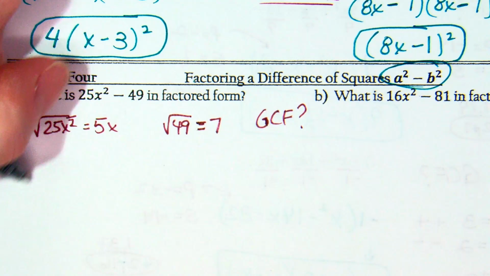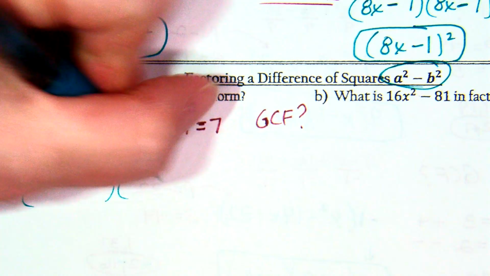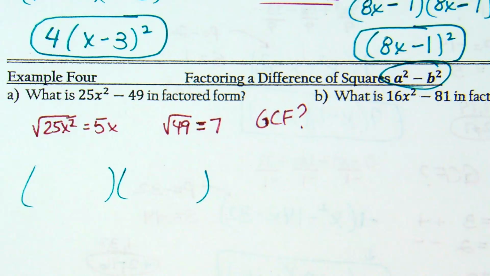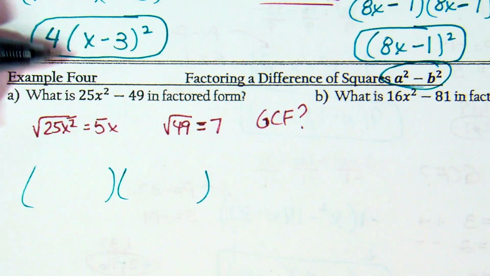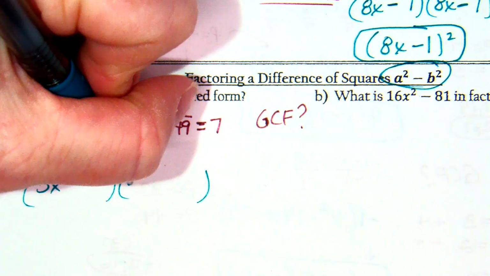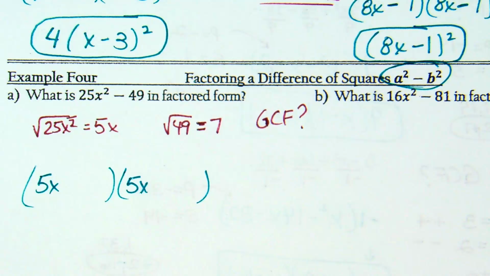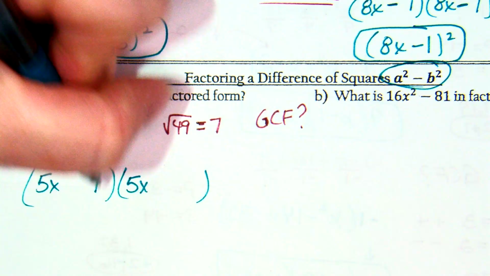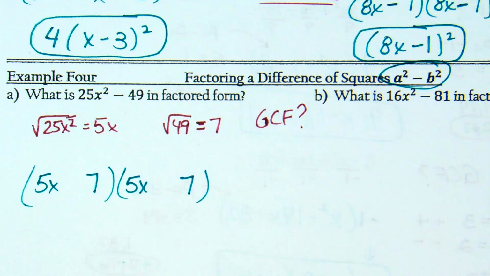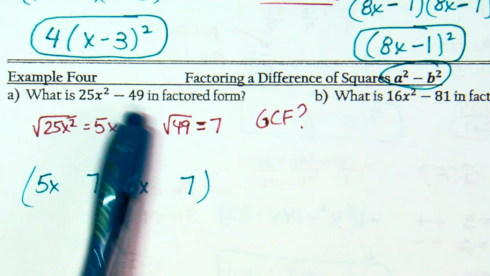It factors into 2 parentheses like everything else we're doing. The square root of 25x squared is 5x. So what goes in the front of each parenthesis? 5x. The square root of 49 is 7. So what goes in the end of each parenthesis? 7. Okay, guys. Do you remember the signs? Here's your check. How do you multiply to get a negative 49?